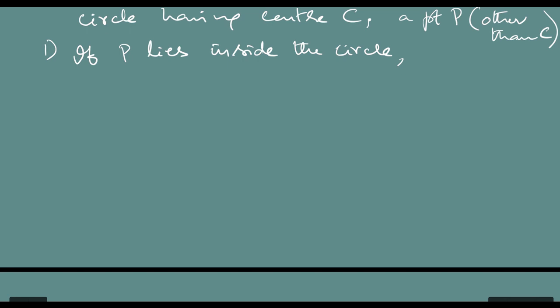It can be any other point in the plane. So what can we say now? If P lies inside the circle, then the polar of P is disjoint from the circle.